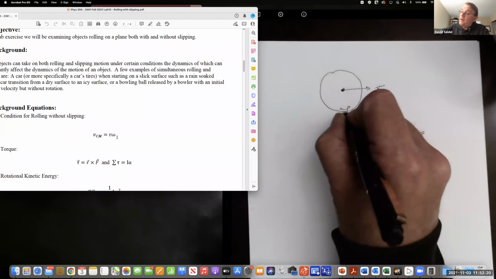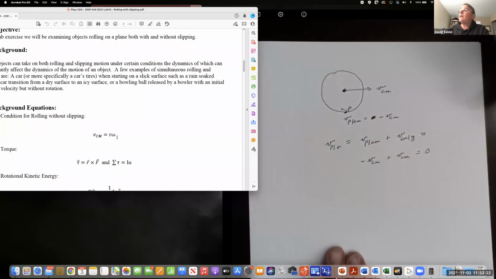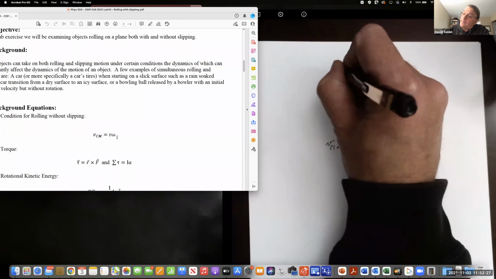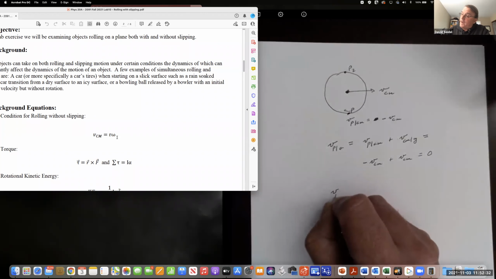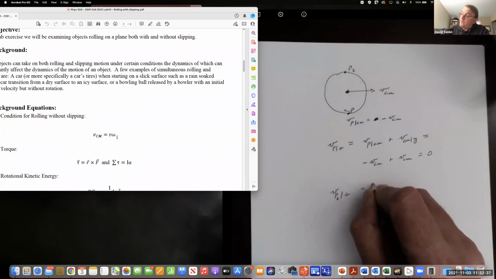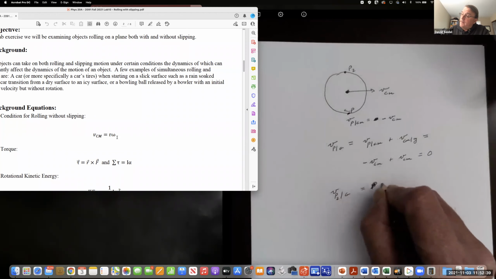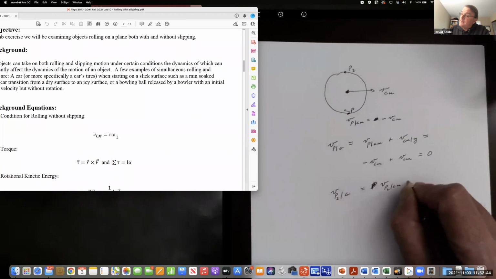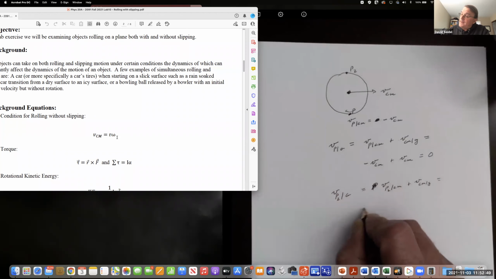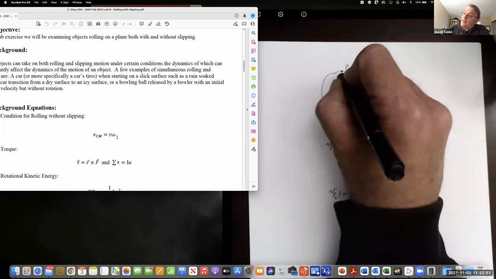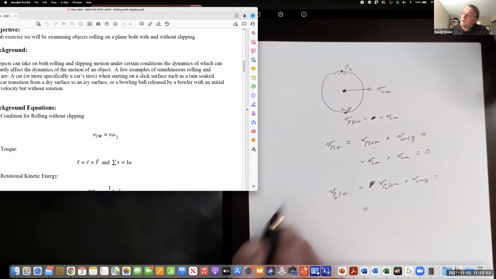So the point P relative to the ground right here is 0. The point P2 up here: V of P2 relative to the ground is equal to the velocity of point 2 relative to the center mass plus the velocity of the center mass relative to the ground. Up here, rotation is this way still.